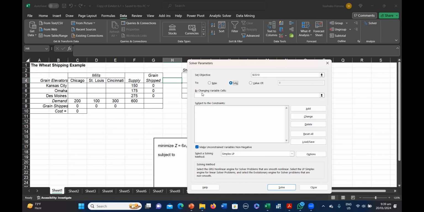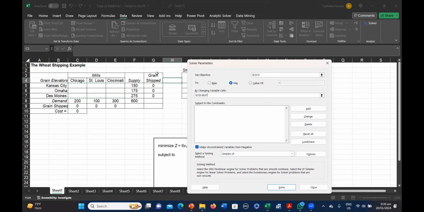Then changing variable cells. I come to those blank cells. You can see my cursor there. So I can select that entire range.